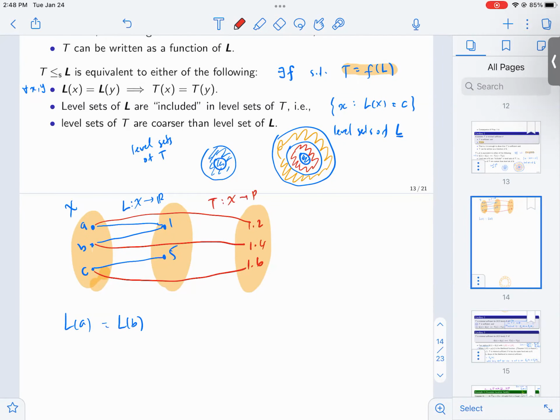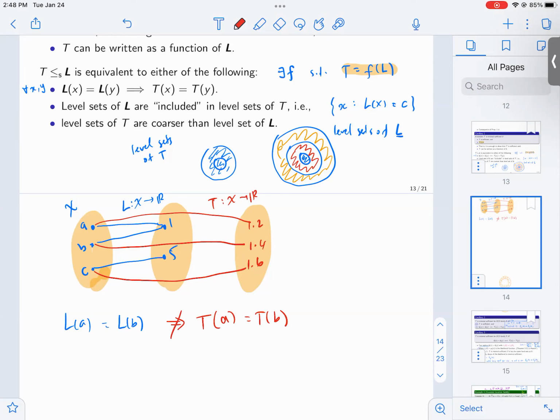That's X to reals. So can this T be a function of L? Does this imply that T of A is equal to T of B? It doesn't imply it because they go to different things. You can see that I can't write T as a function of L, because I would have to map this to at most one point.